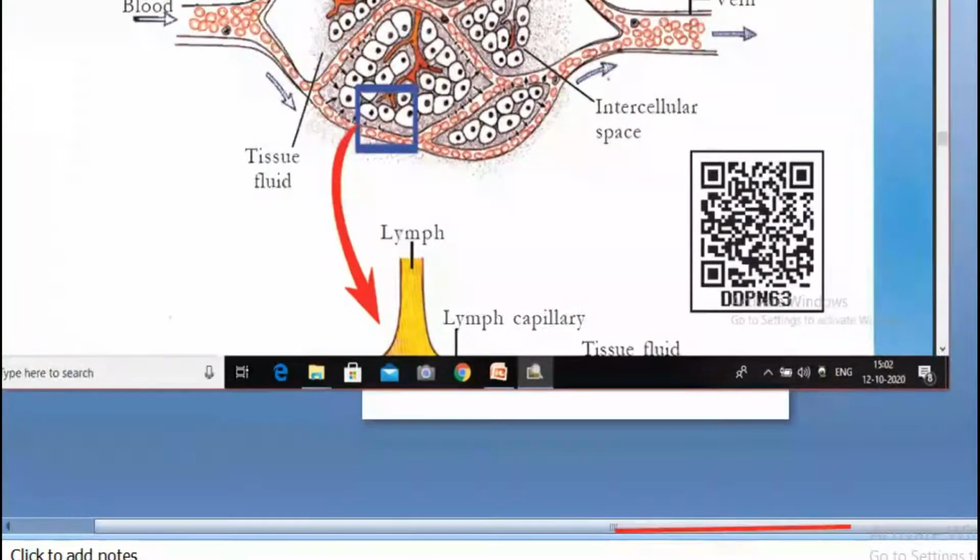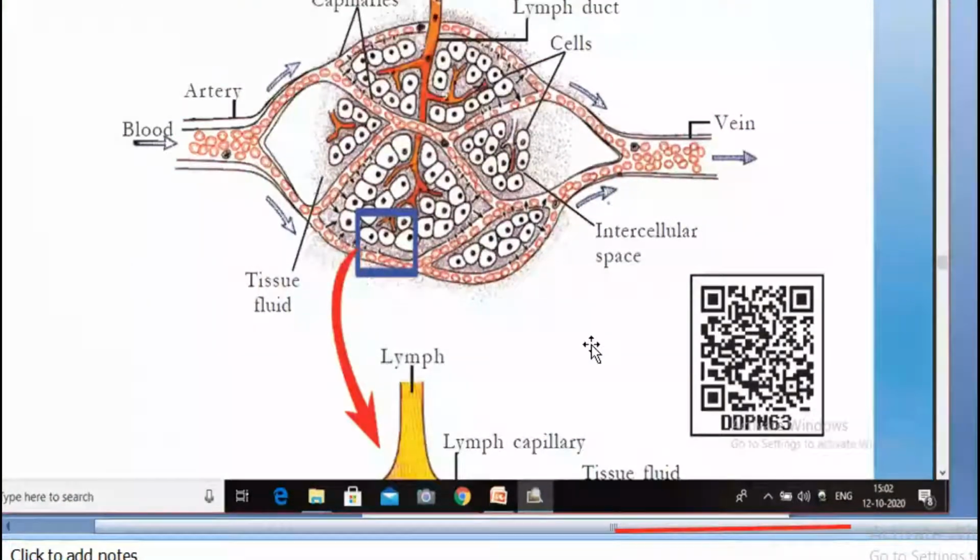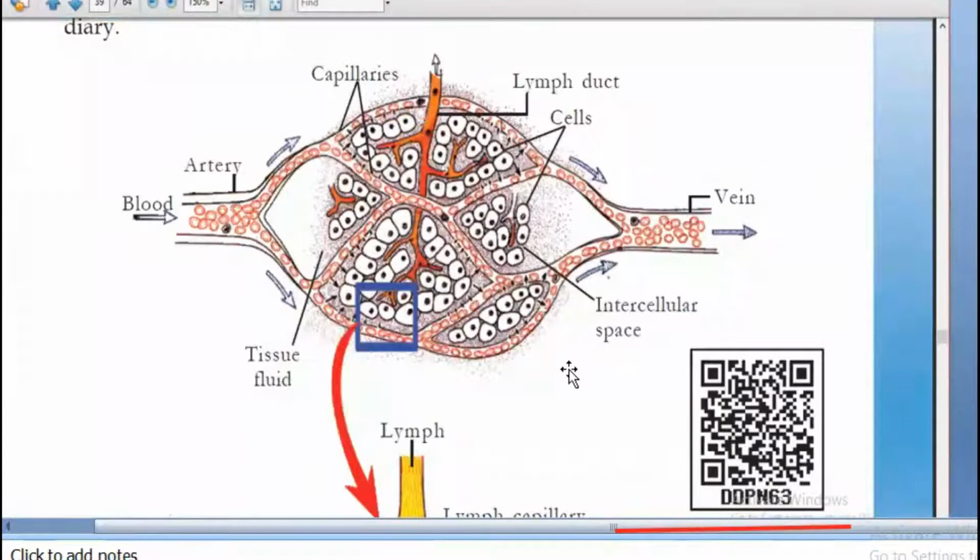See, we have understood how blood reaches different parts of the body and also how cells get nutrients from blood.